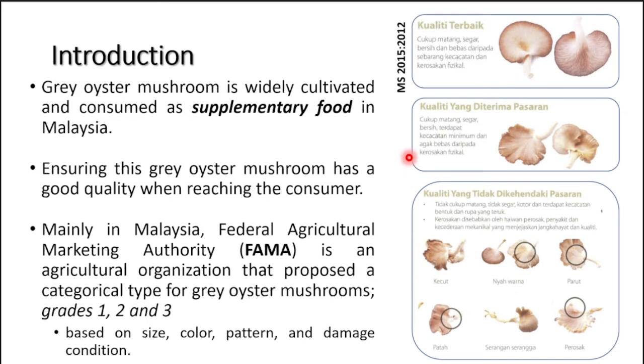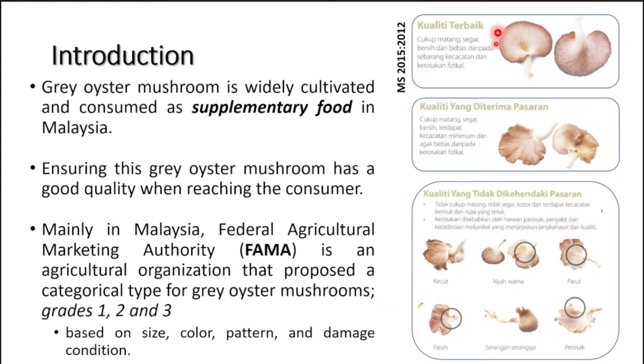In this Malaysian standard documentation, we have three categories of mushroom, whereby the first one is the best quality of the grey oyster mushroom. The second one is the quality that is ready for the market, and thirdly is the quality that is not in demand for the market.